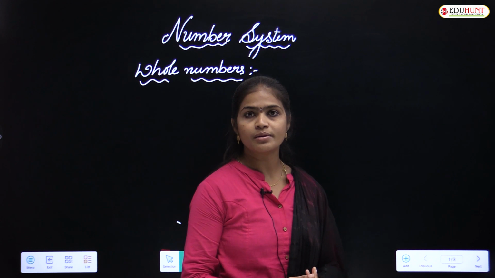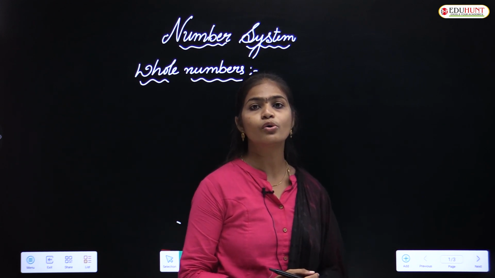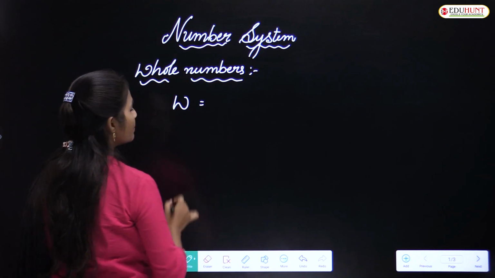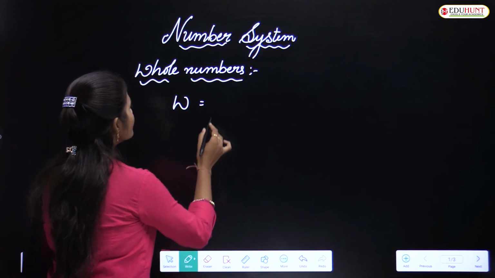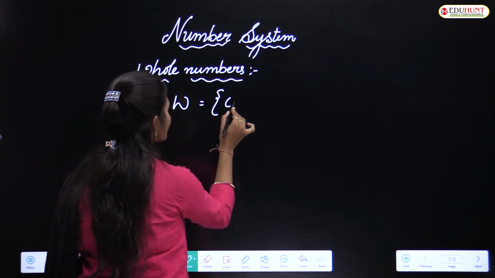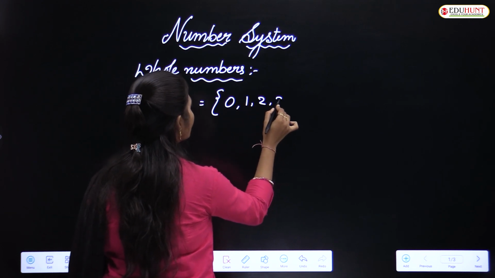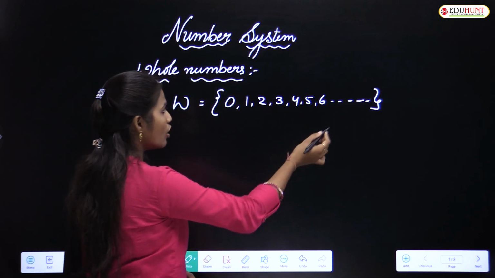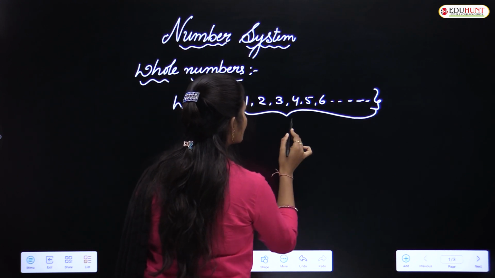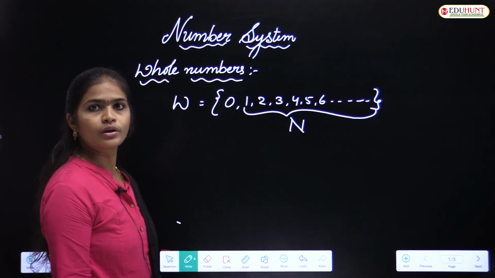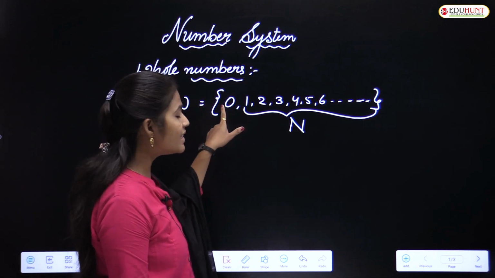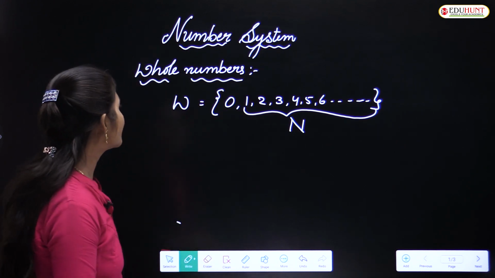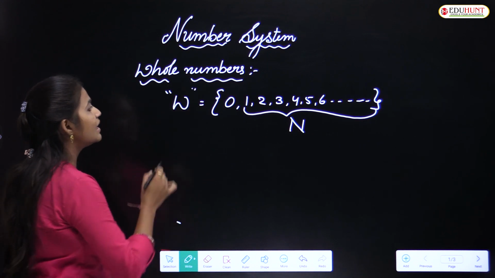The set of natural numbers and 0 is called the whole number set, represented by the capital letter W. This set consists of 0 and the positive natural numbers 1, 2, 3, 4, 5, 6 and so on.